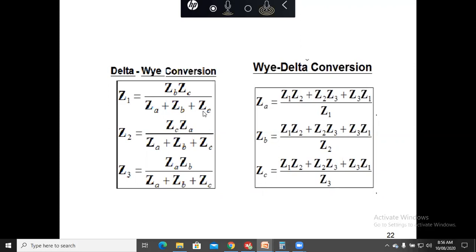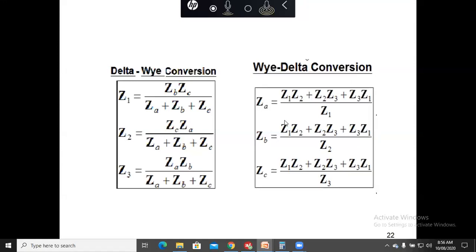So that is delta to Y conversion. And in Y to delta conversion, we have the sum of all the impedances taken 2 by 2, and then we divide by the opposite impedance. So this is the Y to delta conversion.